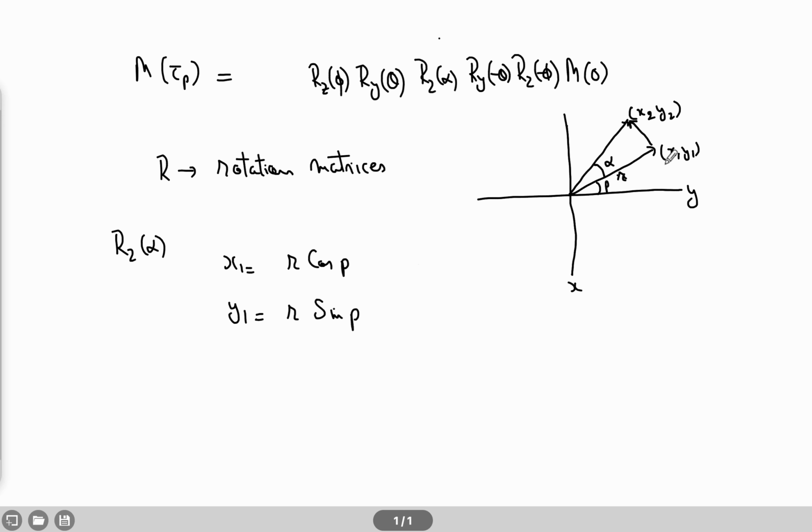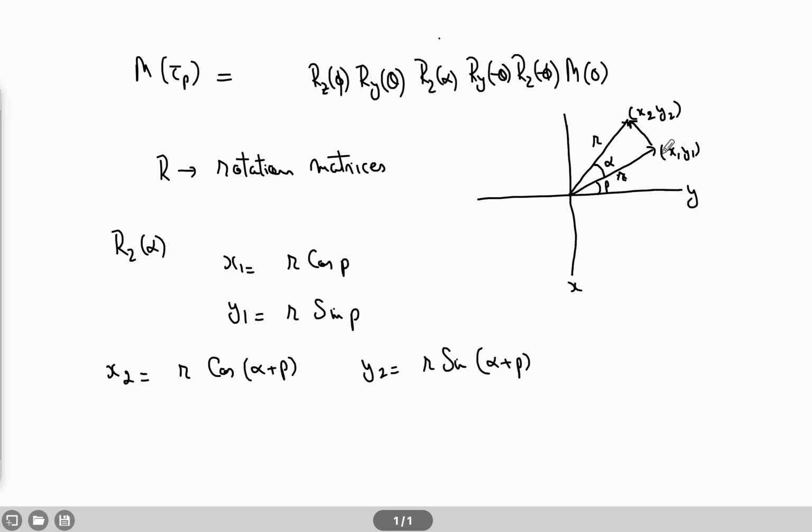Now let us write x2 and y2 the same way. The length of the vector does not change, since all we have done is rotate it about the z-axis, so x2 is r cos of alpha plus p, and y2 is r sin of alpha plus p.